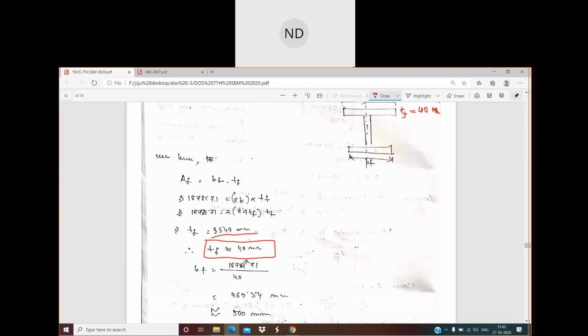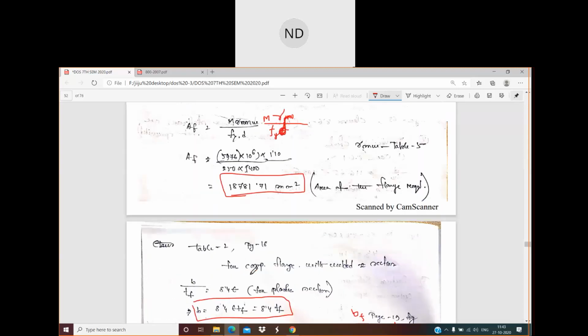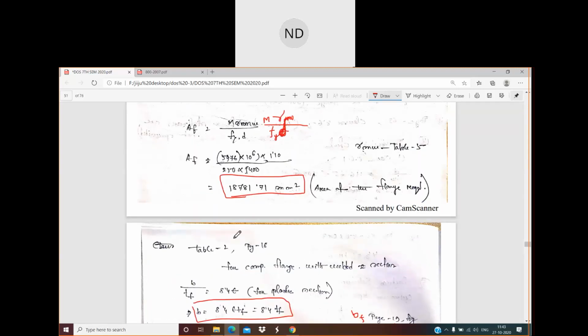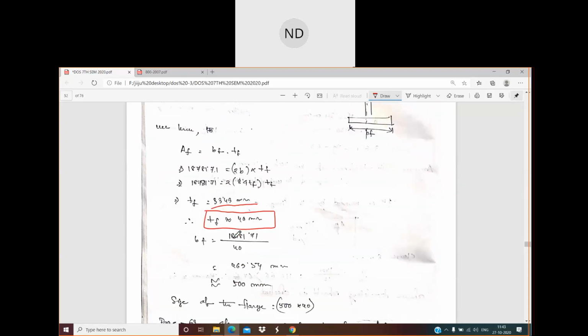AF, the area, was 18781, and we have the thickness of the flange to be 40 mm. So we have got our width of the flange to be almost 500 mm. Now we have our size of the flange, which is 500 into 40. 40 is the thickness, and the flange width is 500.